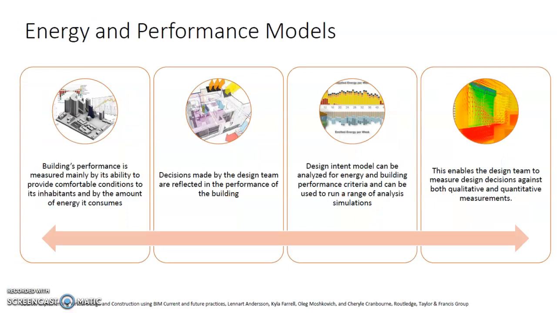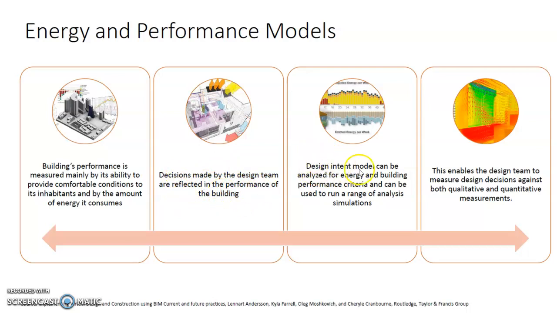You can also have the energy and performance model. So the building's performance is measured mainly by the ability to provide comfortable conditions to the inhabitants and by the amount of energy that it consumes, for example, on a monthly basis. So decisions made by the design team are going to be reflected in the performance of the building.